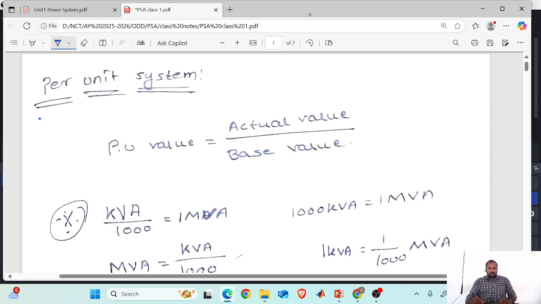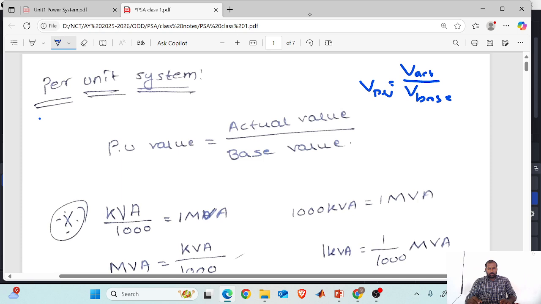For example, here you can see the formula for the per unit system. The per unit value is equal to the actual value divided by the base value. For example, if you want to find the per unit voltage, the formula will be actual voltage to the base voltage.